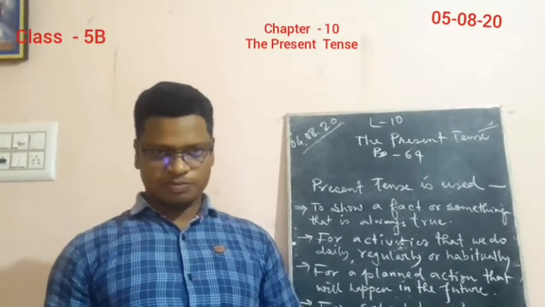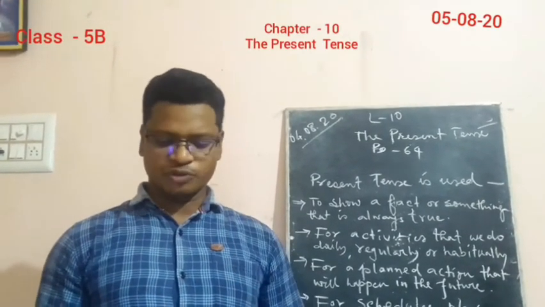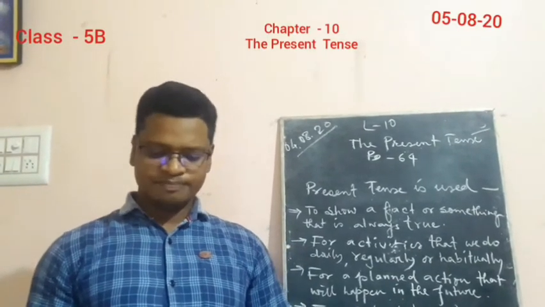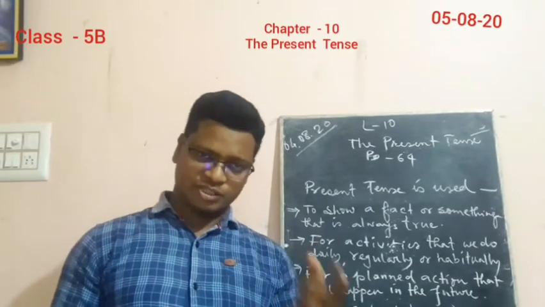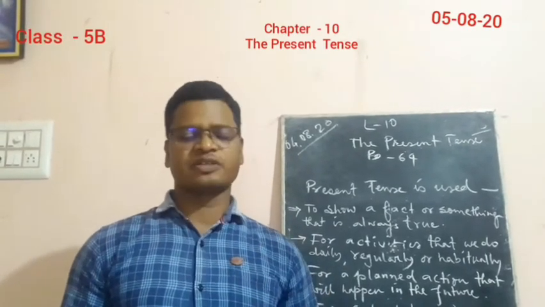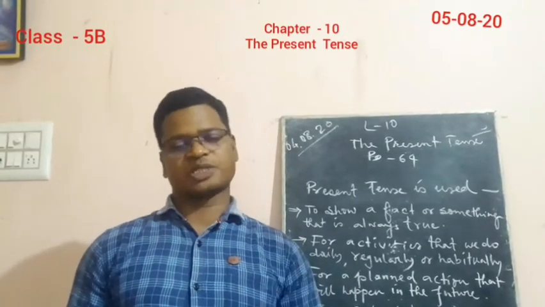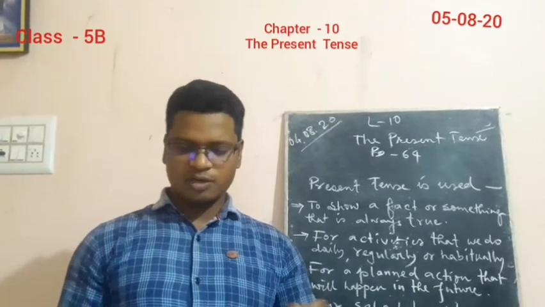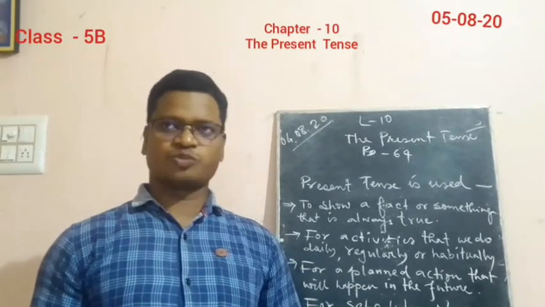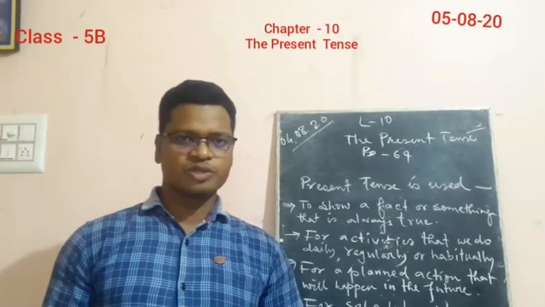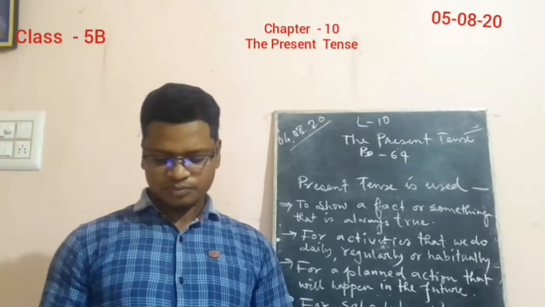Let me read the point once more for you. An action that will happen in the future without specifying or mentioning the time in the future. For this kind of action also we use the present continuous tense.